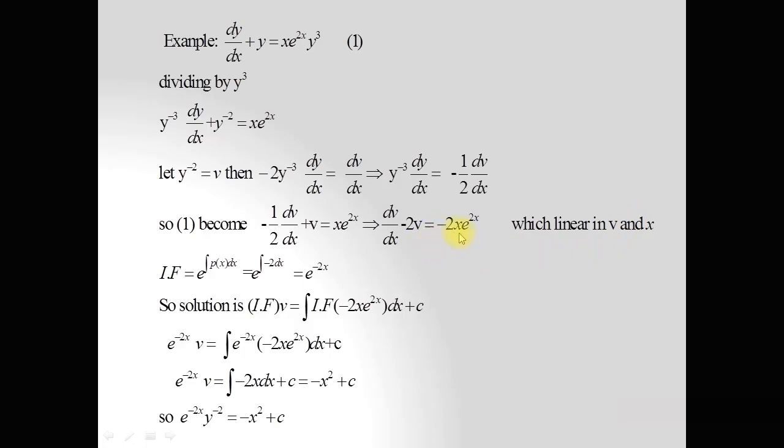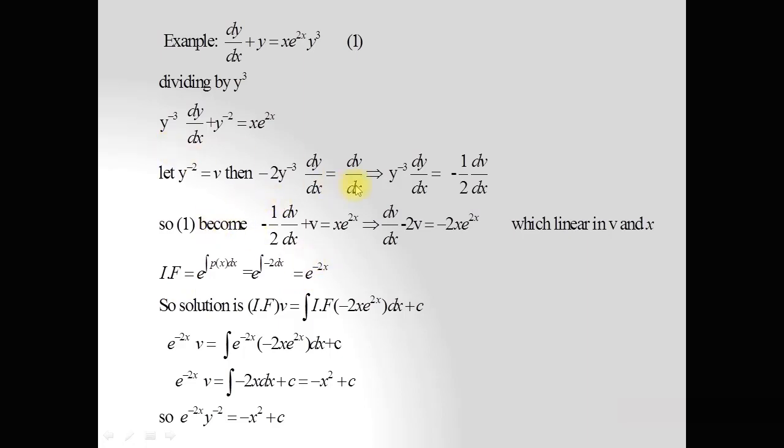So first of all, find the integrating factor, e to the power integral of the P function. Since v is the dependent variable, the coefficient of v is the P function. So the P function is -2. The integral of -2 is -2x. So the integrating factor is e^(-2x).